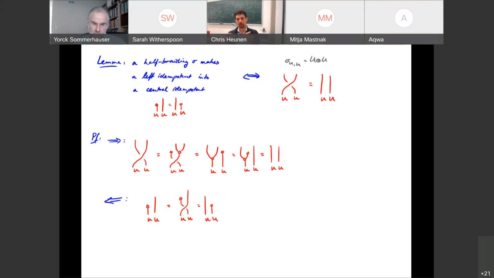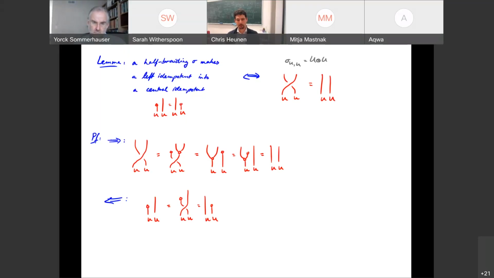Then I use the naturality of the braiding to straighten the two things out. So now I'm copying the left and forgetting about the right. Then you use the central property that says if you have two copies of u, I forget about one, that's the same as forgetting about the other. But now you do nothing on the right copy, you copy the left and forget about one copy. That's the same as doing nothing. So that proves left going to right.